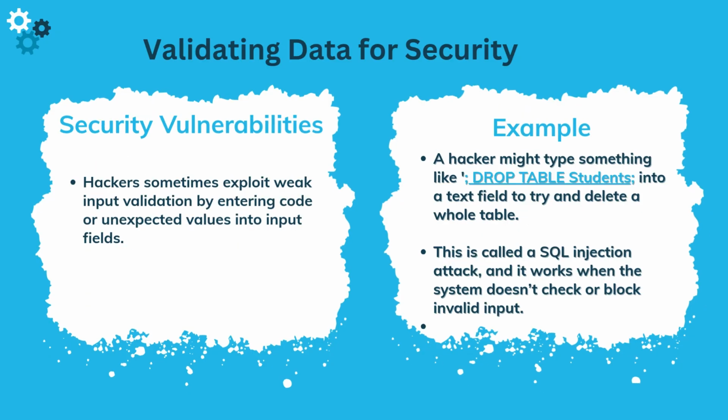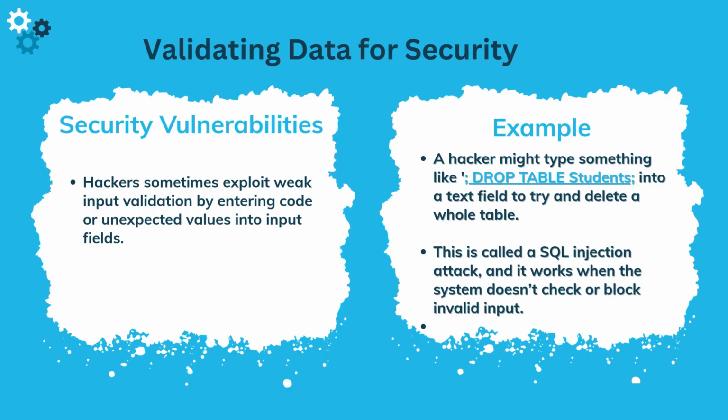If you are not taking precautions to validate data before it's accepted into the database, hackers can often exploit weak input validation. A hacker can enter code or unexpected values into your input fields. And if you're not validating that for security purposes, it's allowed to enter your database. Here's an example.